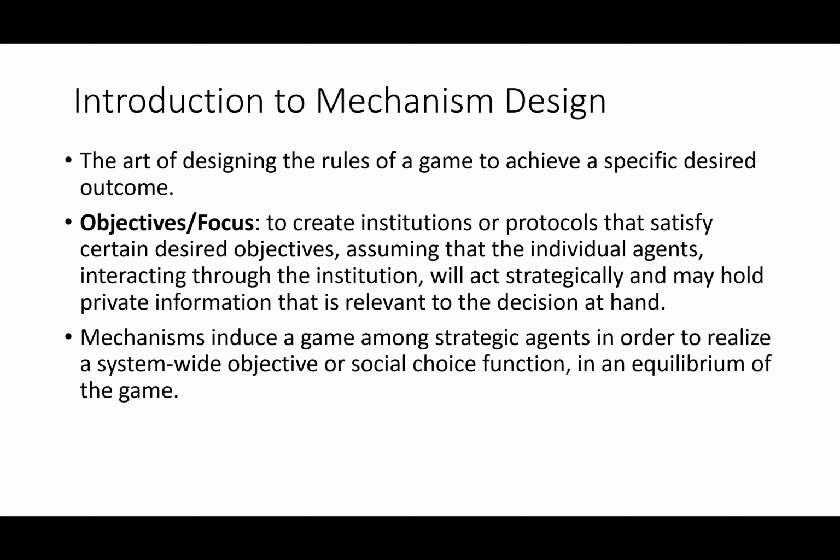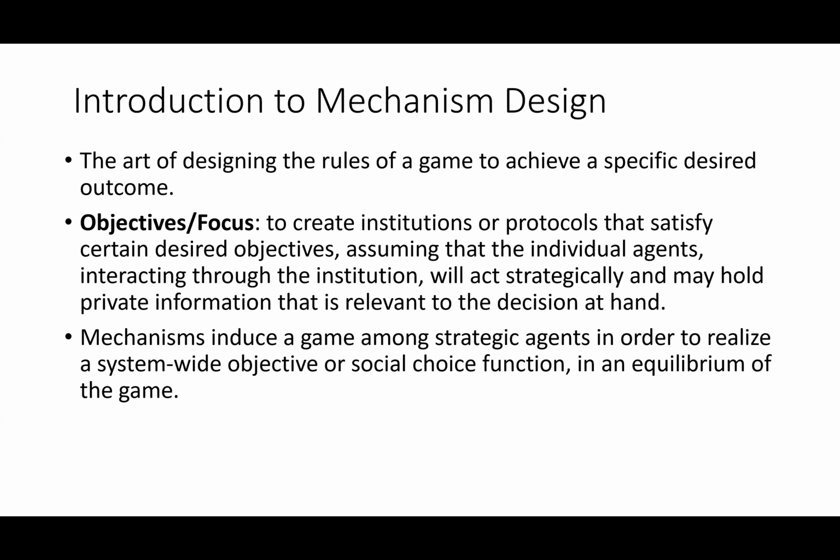So that person, knowing that, would have to design the game such that at the end of the day we have some equilibrium, and that equilibrium should be an outcome that everybody will be satisfied with at the end of the game. So basically, we are looking at designing the game, right? And at the end of the day, we have to make sure that we are able to achieve what we call the system-wide objective.